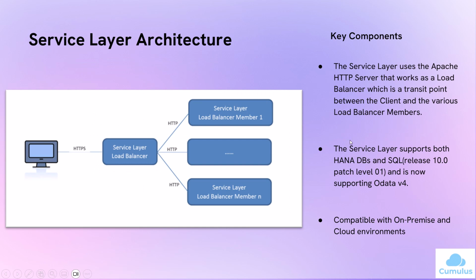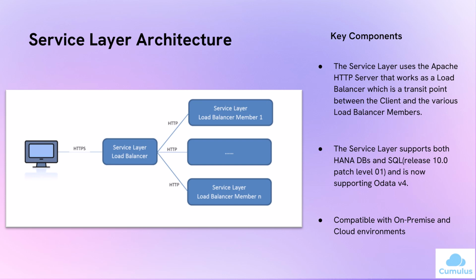The second point is that, of course, SAP Business One could also run on SQL and on HANA databases. The service layer supports, well, when it first got created, it only supported HANA databases. But as of release 10.0, patch level 01, it also supports SQL databases. And even now, it's supporting OData version 4, which allows for more features.